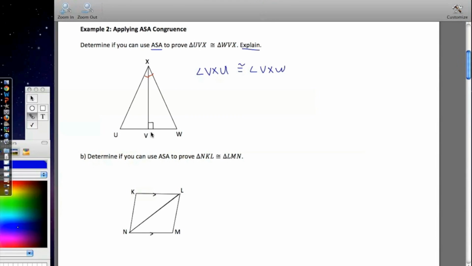We also know that because this is a linear pair, this must be a 90-degree angle. So therefore, angle UVX is congruent to angle WVX. So I have an angle, and what I'm going to do is try to prove something about the included side. Well, I see this included side here is XV, so I can say that XV is congruent to XV, and we remembered this from last video by the reflexive property of equality.